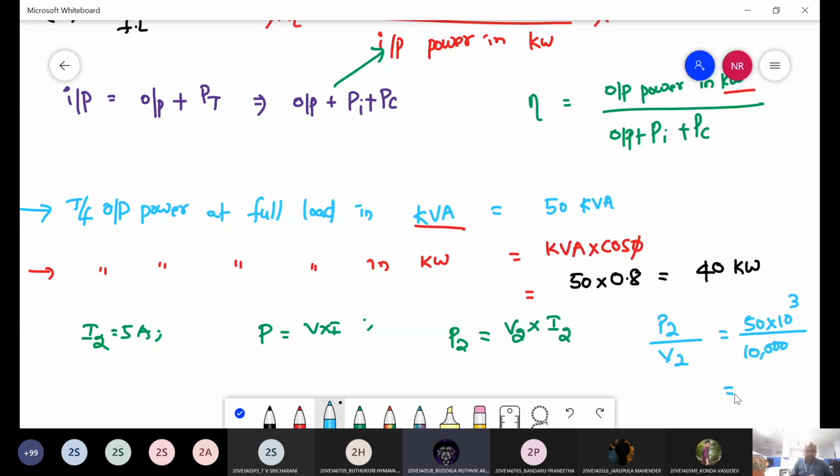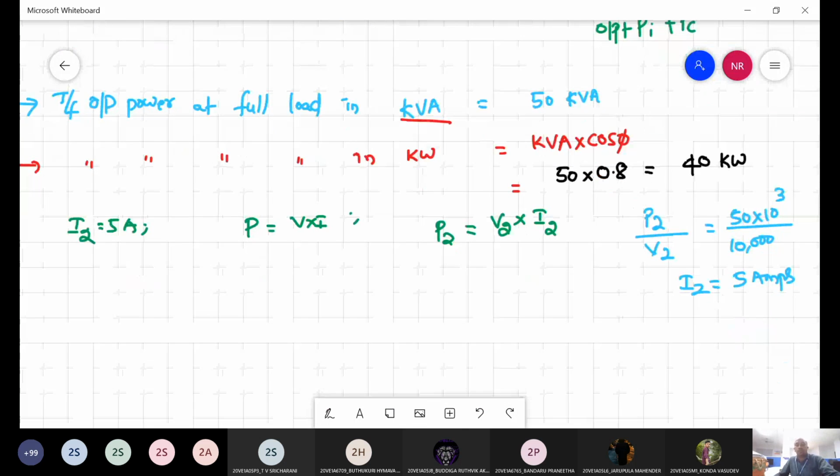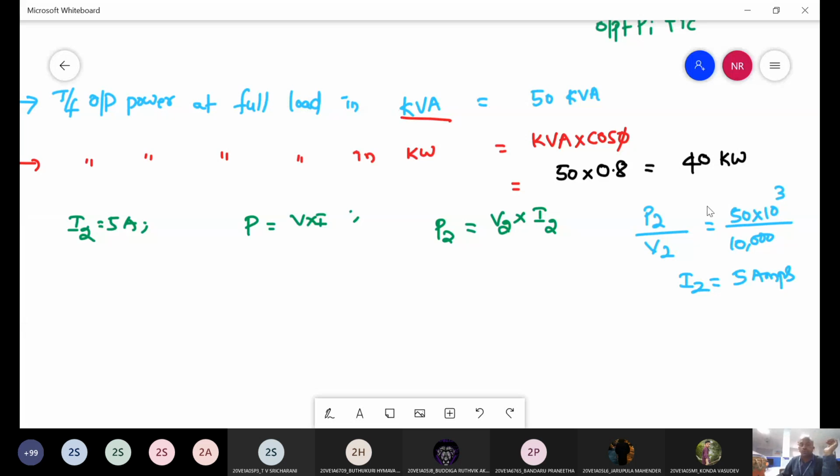Five. So whatever I2 current is given, it is the full load current, 5 amps. I'm just cross checking whether the current is full load or not. So we got that output power in kW.